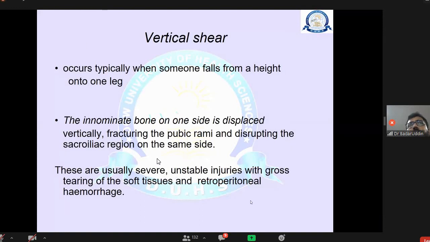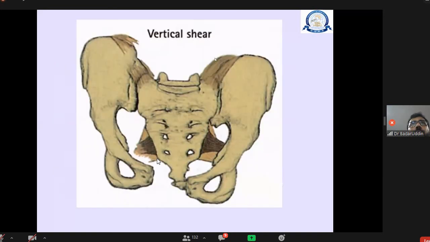Whenever you see these injuries, assume this patient is in trouble and needs your urgent help, because all the ligaments related to this one side of the pelvis get damaged and it leads to retroperitoneal bleeding as well. See this, the sacroiliac joint is open, and this side of the pelvis moves upward. So this is called vertical shear.